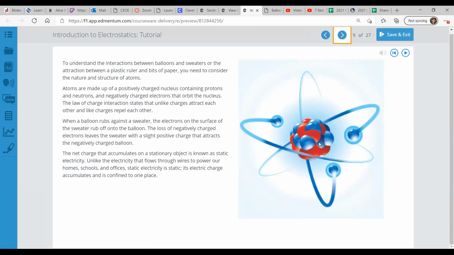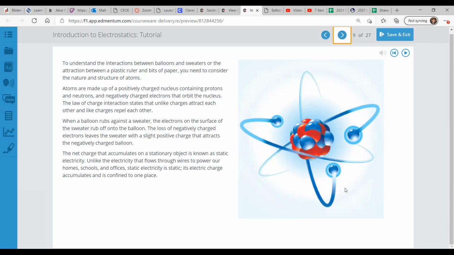In this model, that's the nucleus, containing protons and neutrons, and negatively charged electrons that orbit the nucleus. These orbiting particles in this model are the electrons, we'll say. The law of charge interaction states that unlike charges attract each other and like charges repel each other.